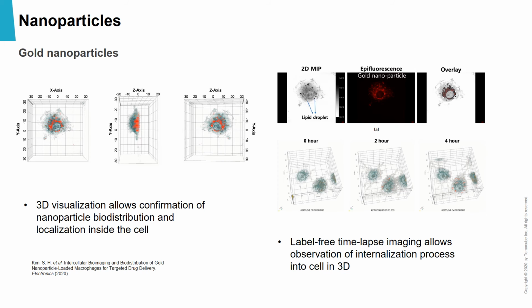For nanoparticles, the author of this research publication was developing an anti-cancer drug that was bound by a gold nanoshell. He wanted to load this inside a macrophage for drug delivery. The 3D images in 3 directions of view show that the gold nanoparticles are loaded well into the macrophages, and we observe this process by 3D time-lapse.